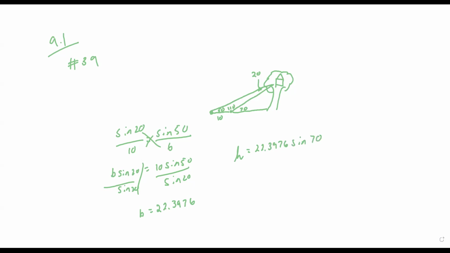So in the calculator, I'm going to do times sine 70 degrees, and I get a total height of 21.0469. I believe in your homework they round to just the whole number, so this will be 21 feet. So the tree house, with just that information alone, is 21 feet high.